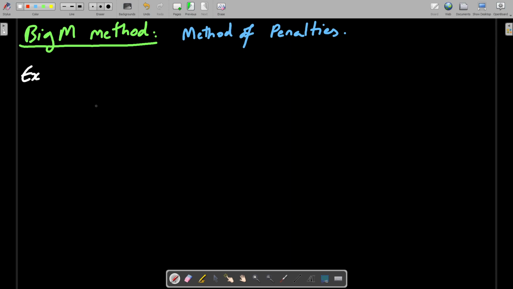Example. Maximize z is equal to 5x1 plus 3x2, okay.